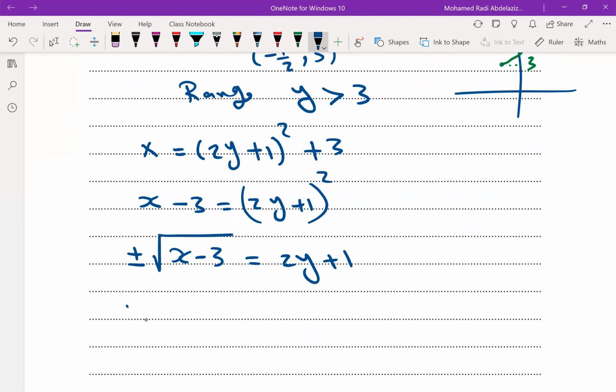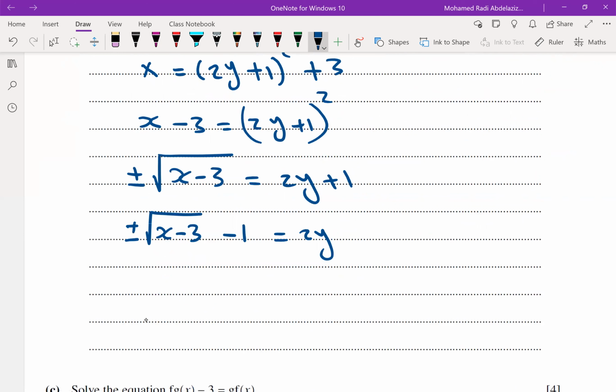Move 1 to the other side, positive or negative square root of x minus 3 minus 1 is equal to 2y. Then divide by 2, or multiply by half: y equals half times positive or negative square root of x minus 3, minus 1.